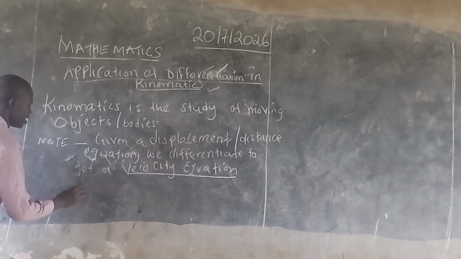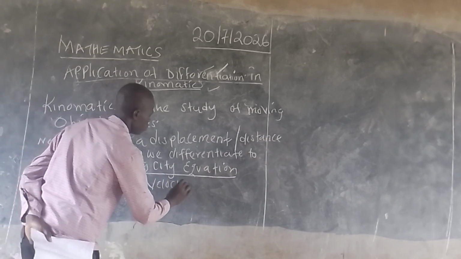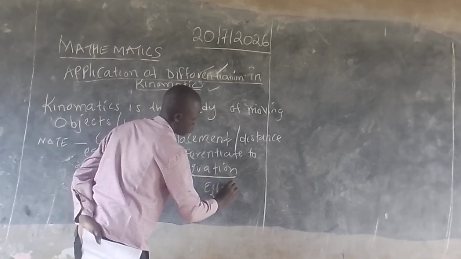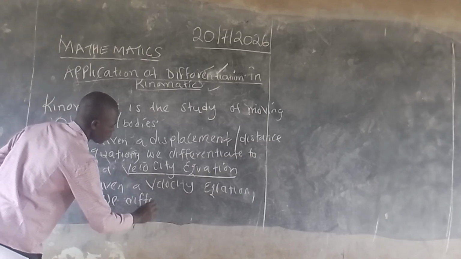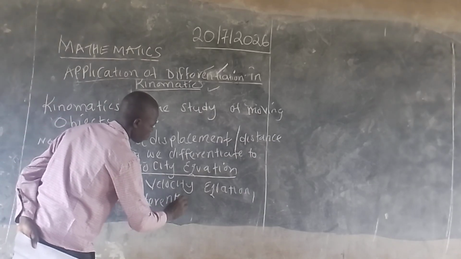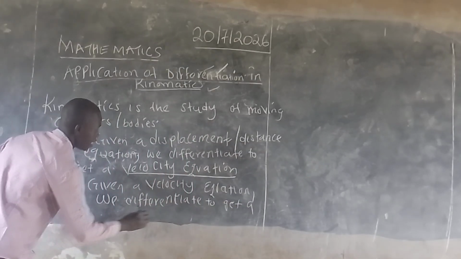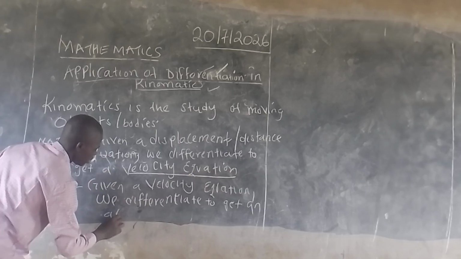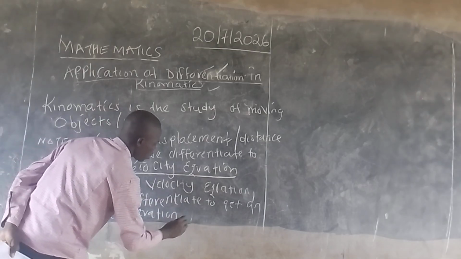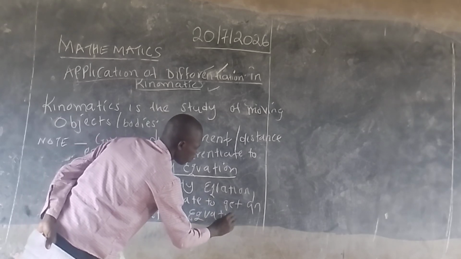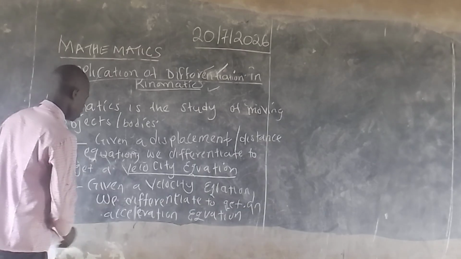Point number 2 says that given a velocity equation, we differentiate to get an acceleration equation. This is very important. These 2 points are very necessary and very, very important.